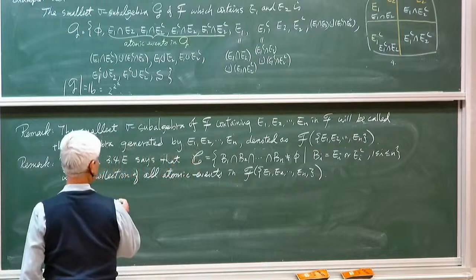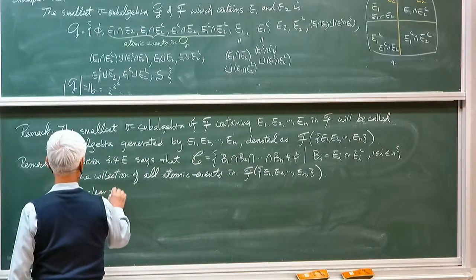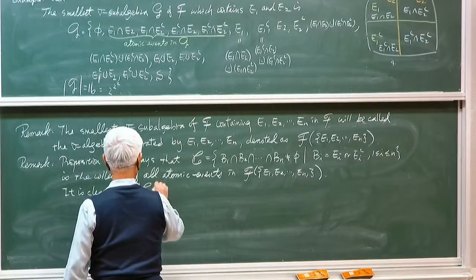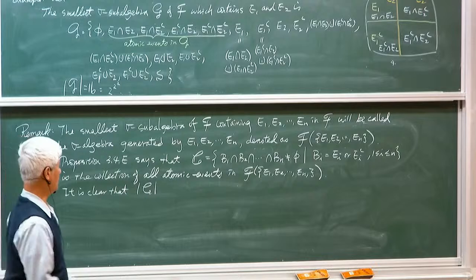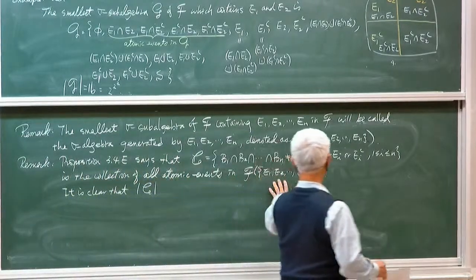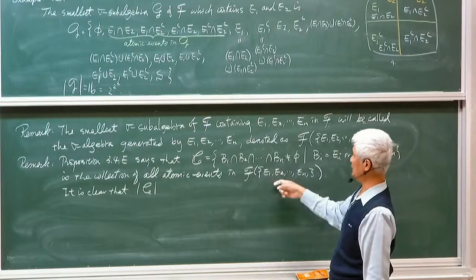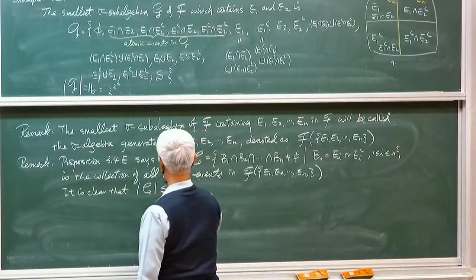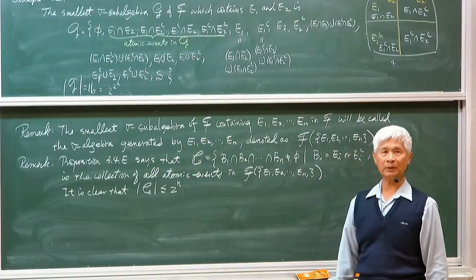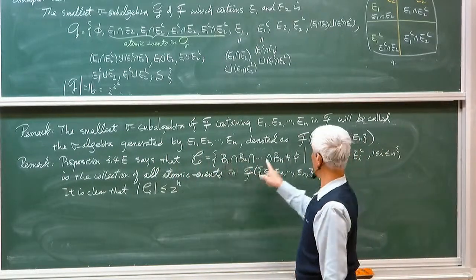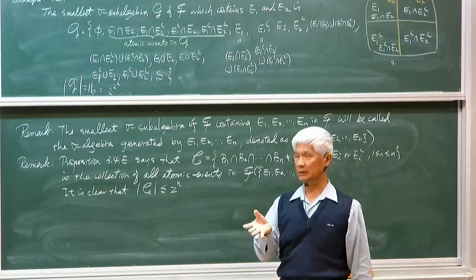And so it is clear that the size of C, the number of atomic events in this sub-algebra generated by E1 up to En, is less than or equal to 2 to the nth power, because each Bi has two possible choices, either Ei or Ei complement.